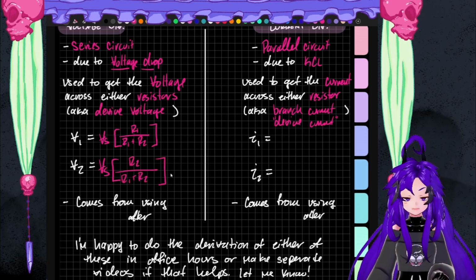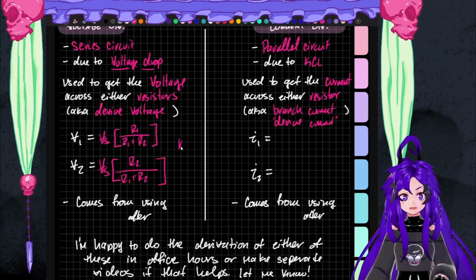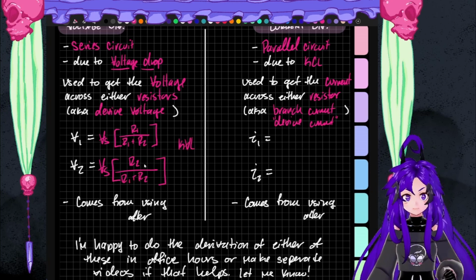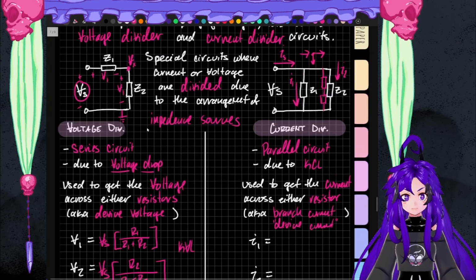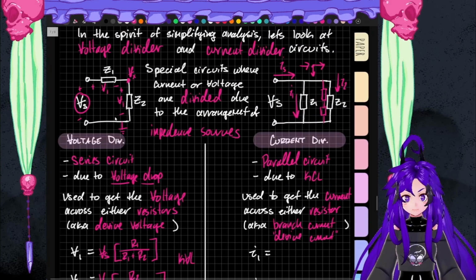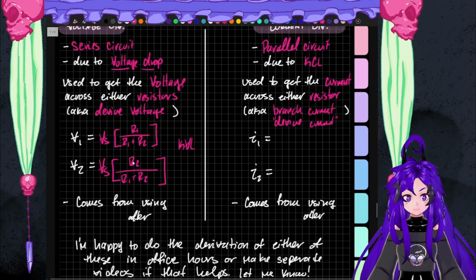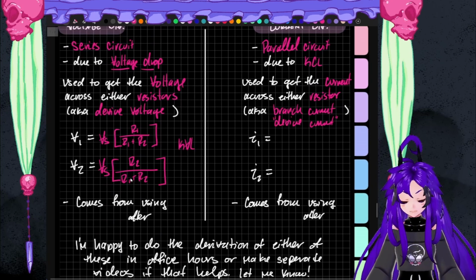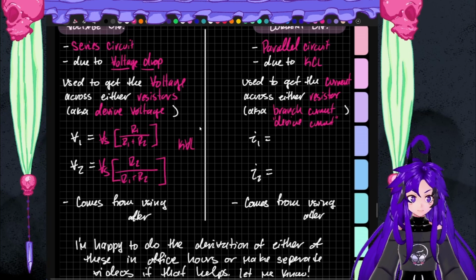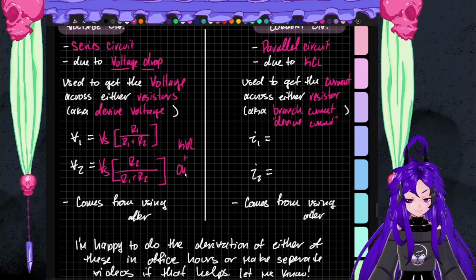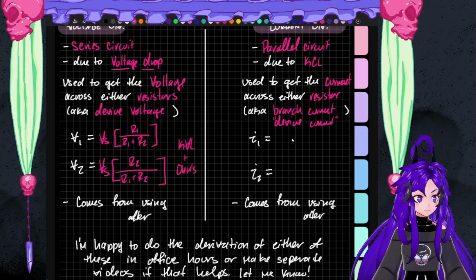This literally comes from applying KVL to this circuit and then converting the resistor you want the voltage of to voltage using Ohm's law. So it's KVL plus Ohm's law.